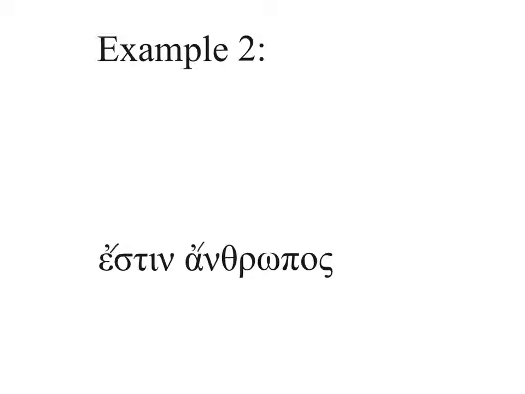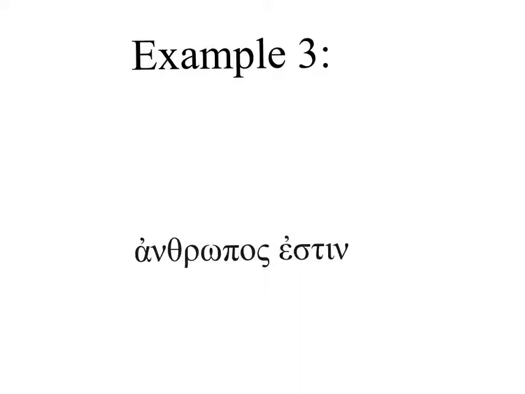Now, if estin is not leaning on word 1, because there is no word 1, it is accented like this. And anthropos gets to be totally itself and undergo no changes because it's not followed by an enclitic. So our final answer is estin anthropos.